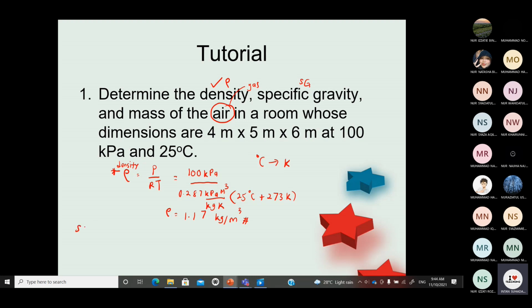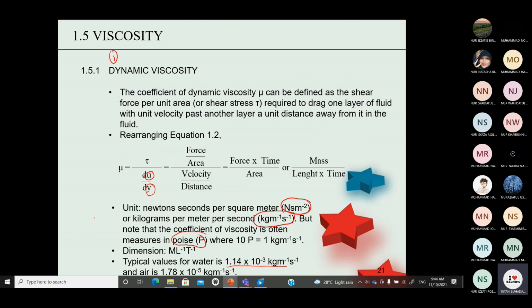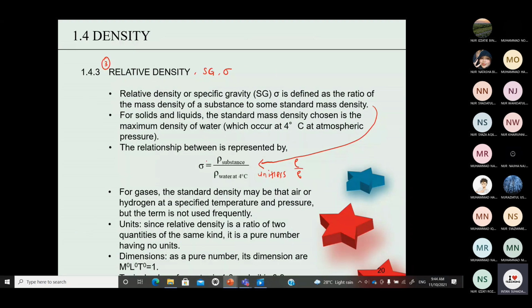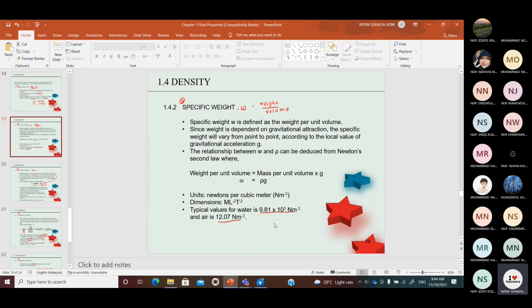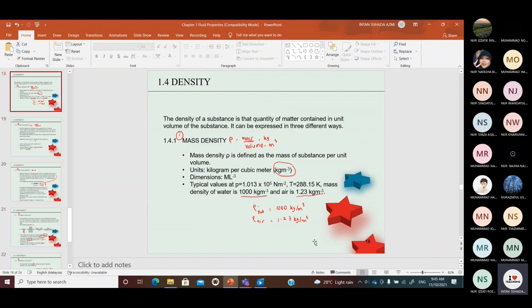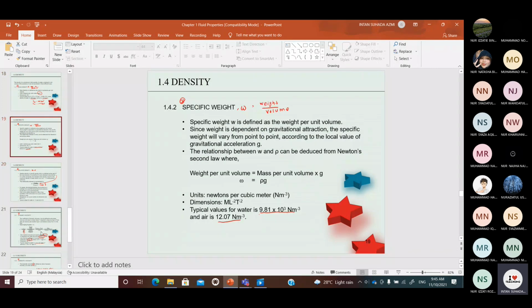Now specific gravity. Specific gravity is the density of the substance divided by the density of water at 4 degrees C. Density of water is 1000 kg per meter cube.